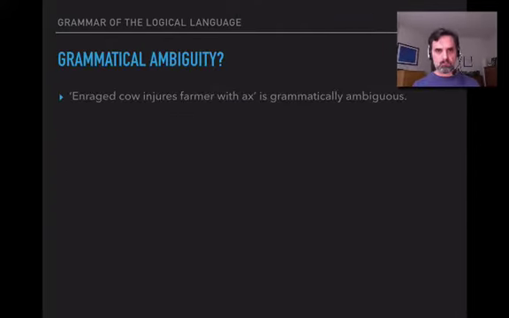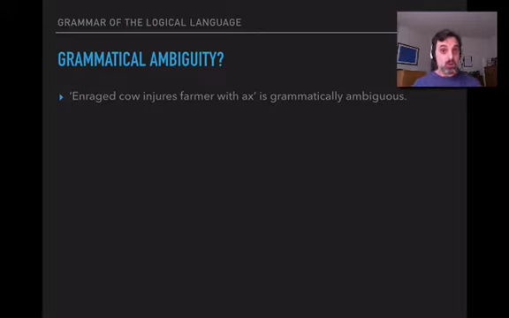So consider the sentence, "Enraged cow injures farmer with axe." This is grammatically ambiguous. Why? Well, the question is, how does the "with axe" work? Is it that the cow used an axe to enrage so that we got this cow and it injures the farmer? How is the axe involved? Is the axe something that the farmer happened to have while being injured by the cow?